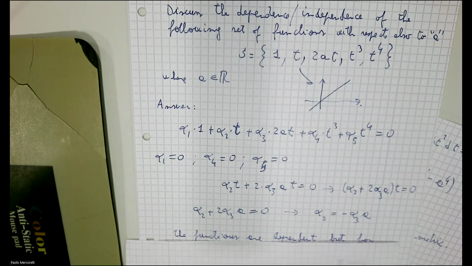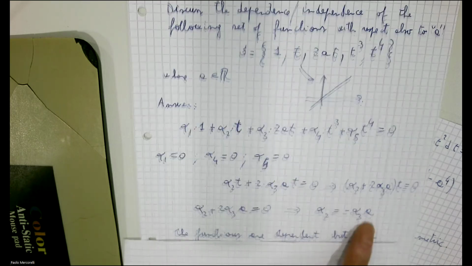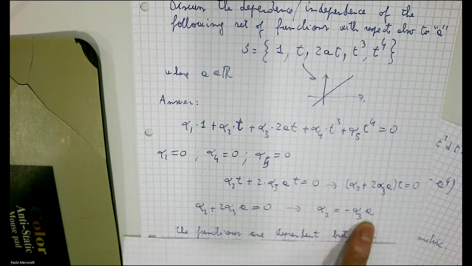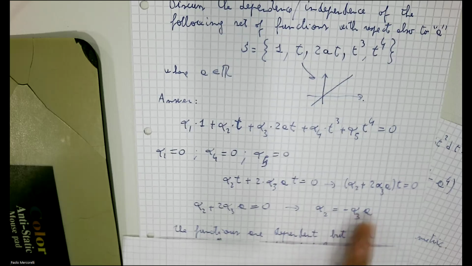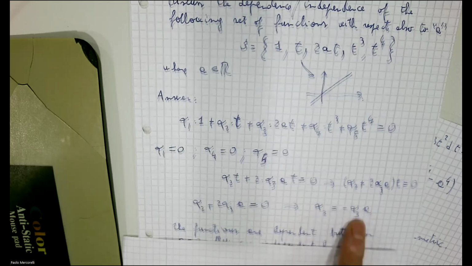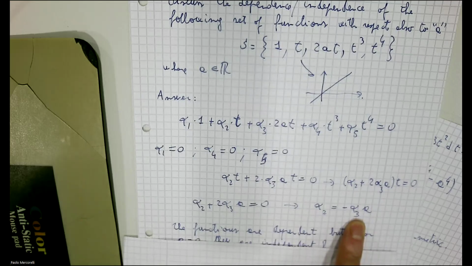Please pay attention. What happens if a equals 0? If a equals 0, it's easy to discuss. If a equals 0, we have that alpha 2 is equal to 0. Did you agree? We have, if a equals 0, that alpha 2 is equal to 0, but for each alpha 3.